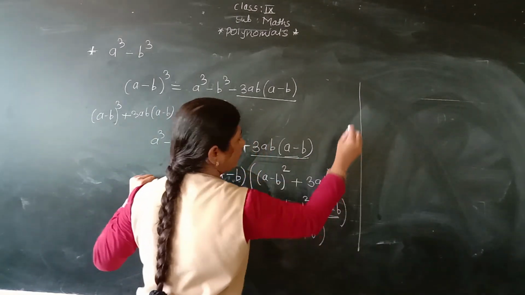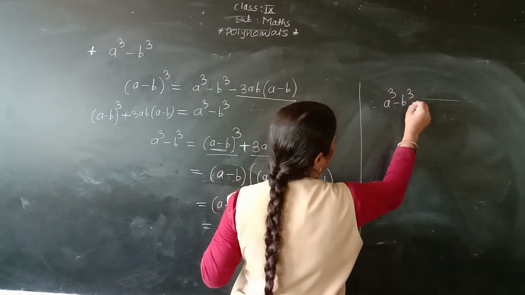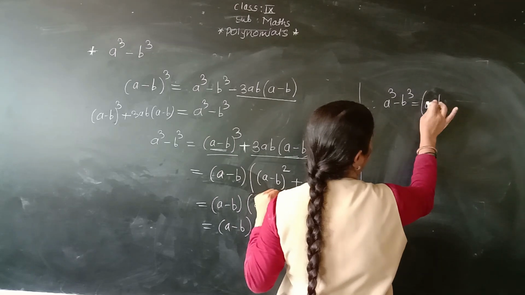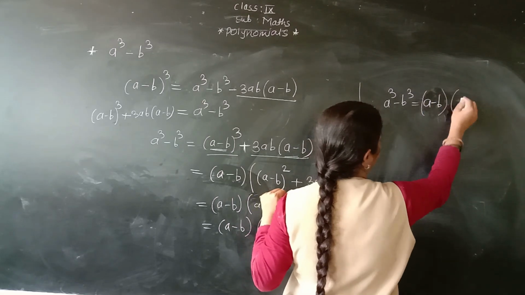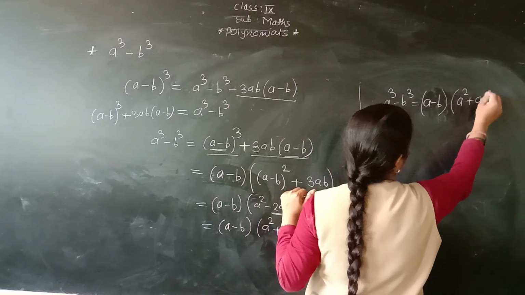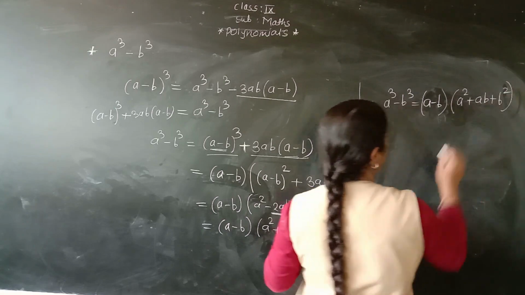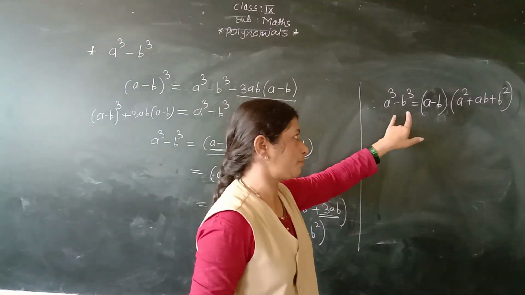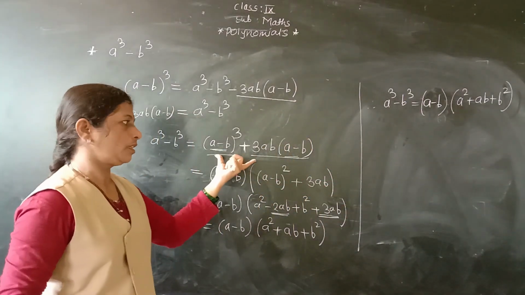So finally we write a cube minus b cube equals a minus b, and second bracket a square plus ab plus b square. This is the final expansion, a different type. A cube minus b cube we can expand like this also.